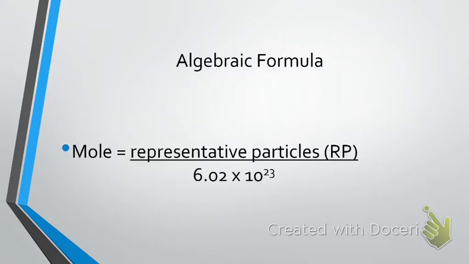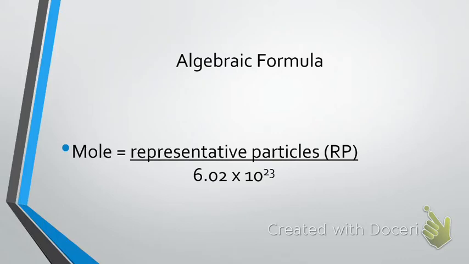In the yellow box a couple slides ago was an example of how we can convert moles to representative particles by dimensional analysis. I'm also going to teach you how to do this by algebra. I want you to know two ways because sometimes when you get to college, your professor knows one way or the other, but not both.